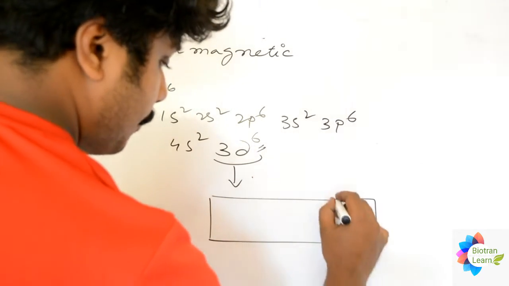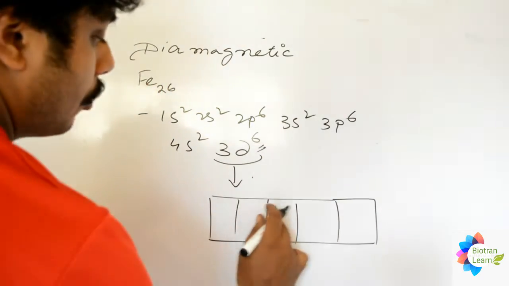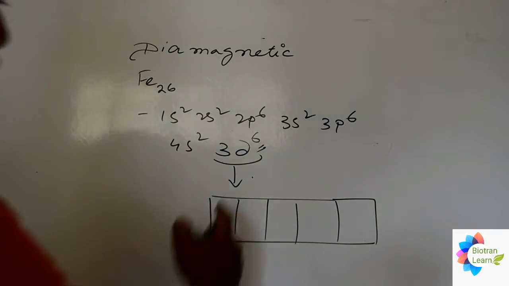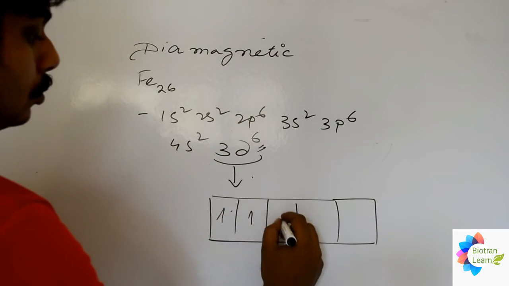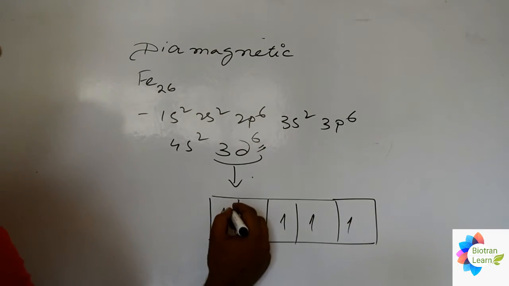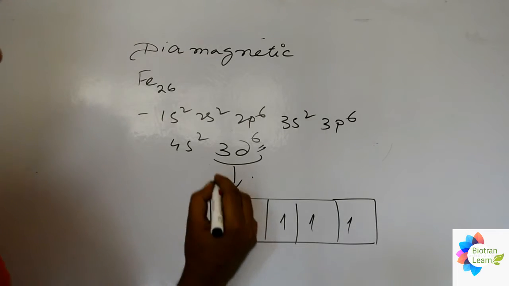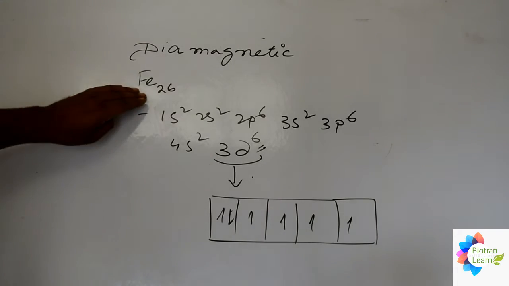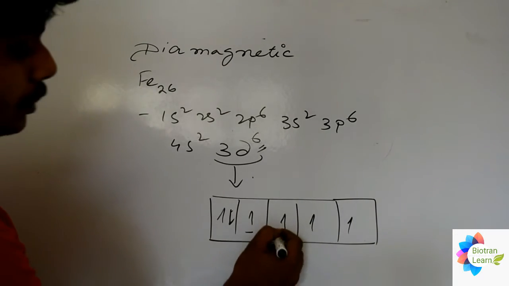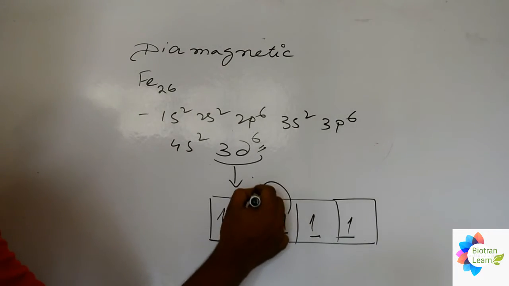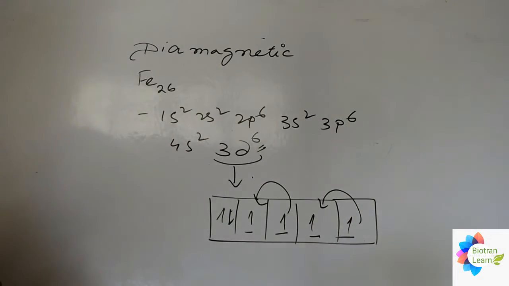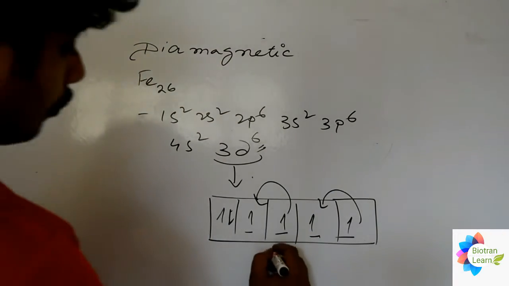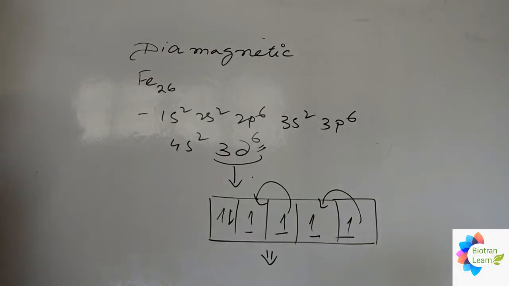We can have 5 orbitals, and in these 5 orbitals, 1, 2, 3, 4, 5, and then number 6 is there. Now if we consider Fe26, then these will jump from here to here. But when they are in single condition, they will form a certain amount of magnetism.